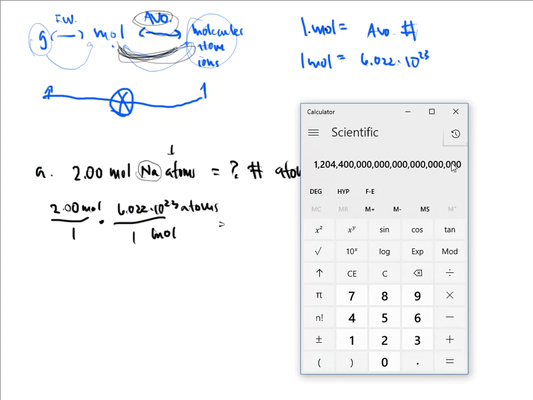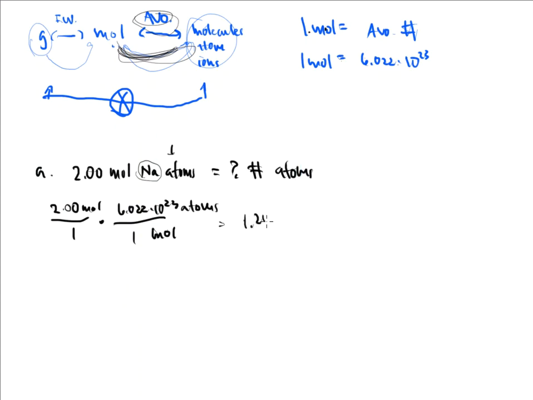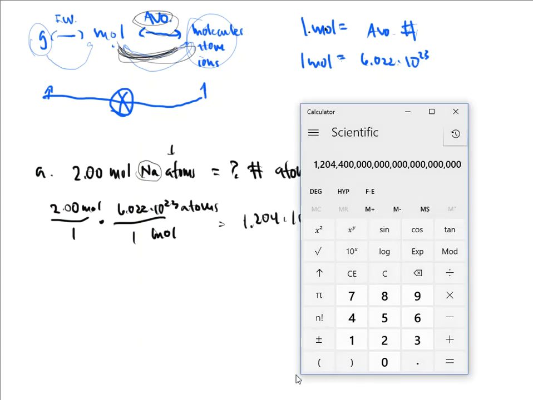So here's my number. It's not in scientific notation, but your calculator will be much better than mine. It will probably go ahead and give you the number for the exponent there at the very end. I just can't show you my calculator screen. So here is 1.204. So over here to the side, 1.204 times 10 to the... we're going to have to count them, folks.